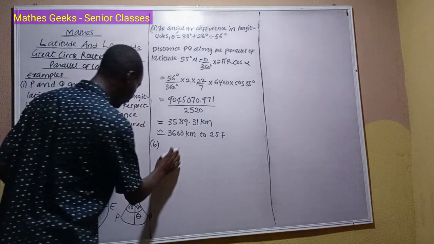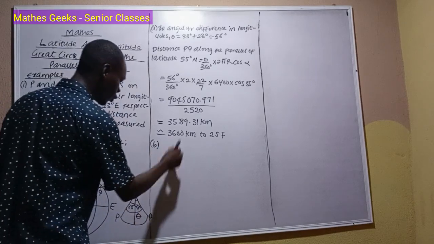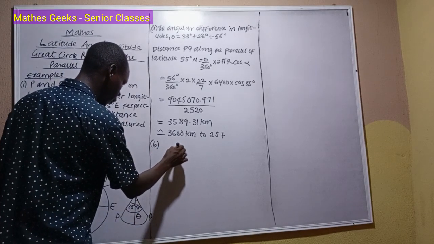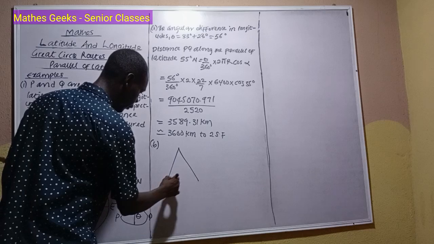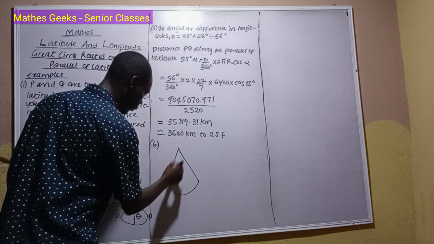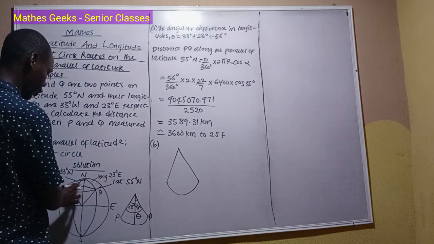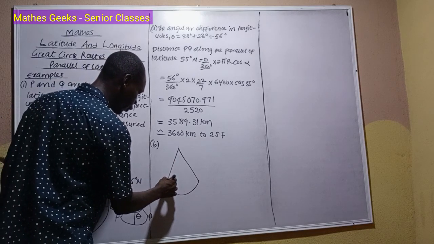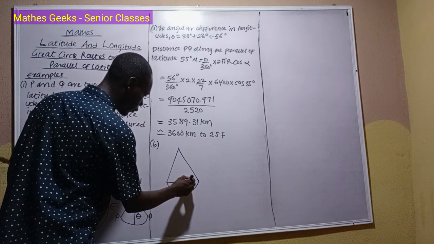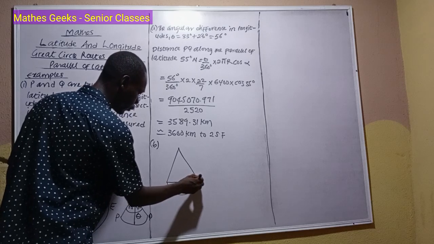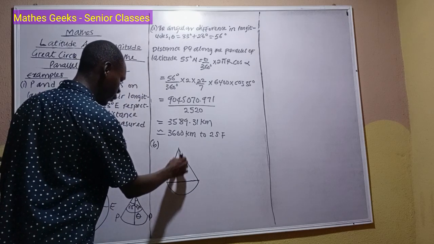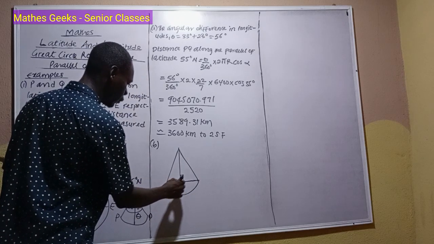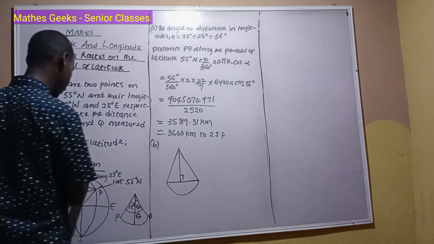Alright, so now to get a great circle formula, we're going to draw 2 points here. So this is the small circle PQ. This is the center of the small circle.